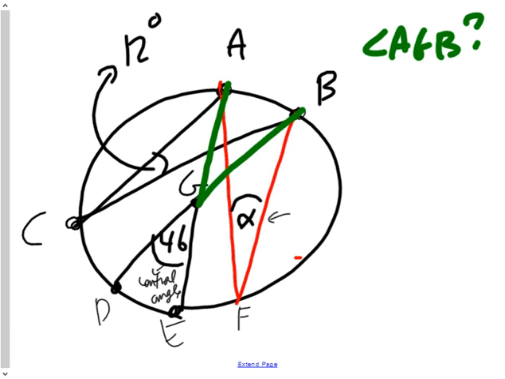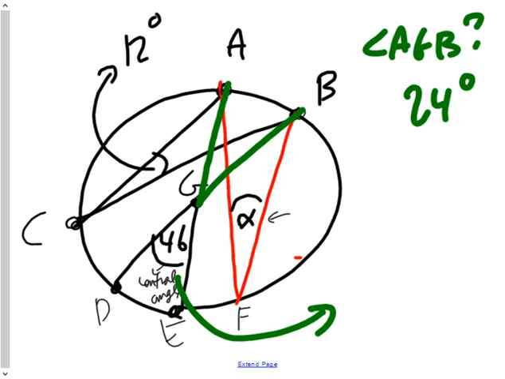Well, now I know that AB forms two inscribed angles, one to C and one to F, making them 12 degrees, which would tell me that the central angle would be double that, which would be 24 degrees. But the question doesn't exist. It's not there, so we don't need to worry about it. But what we do need to know is that this central angle is a central angle, but because points D and E were not connected to any other point, they don't make inscribed angles, and it's not necessary for the information we're looking for. Okay?